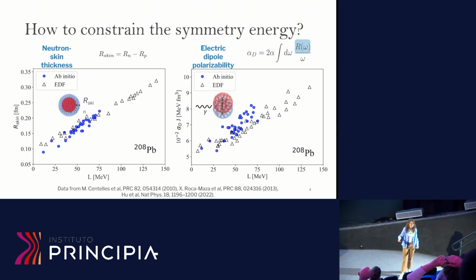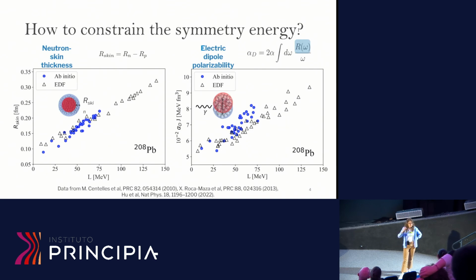Yes, I wanted to comment on the fact that the ab initio calculations were lower, indicating lower values. But in the end, I guess what matters, the figure of merit, is how well I can measure this combined with the spread of the correlation, because what I really want to know is how well I can infer L when I'm done, right? Have you done that? No, I haven't actually used the correlation itself.